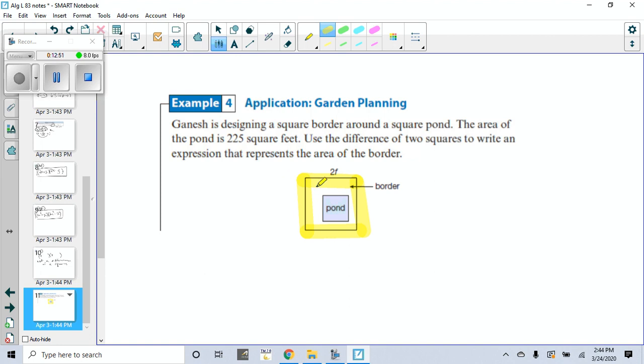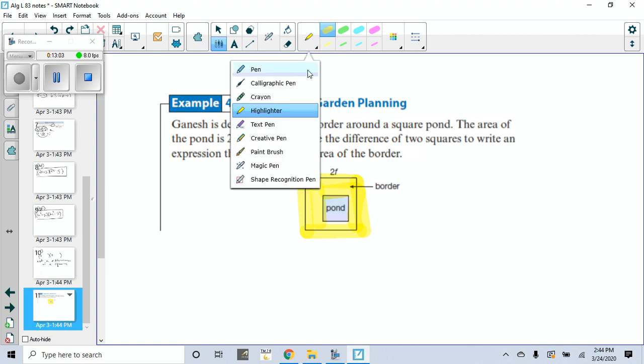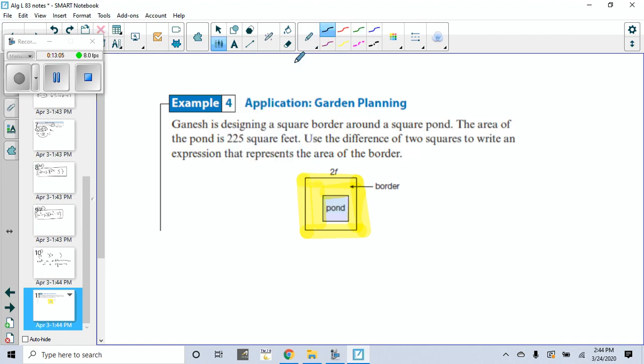So the area of this entire square, including the pond, is whatever 2f times 2f is, which is 4f squared.